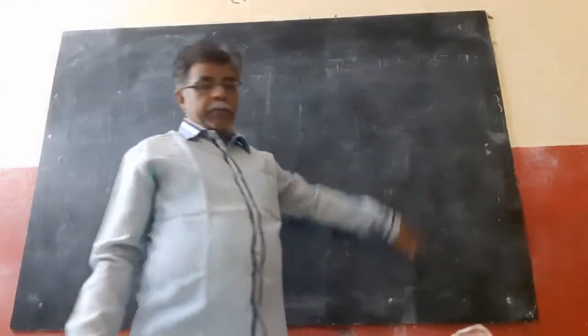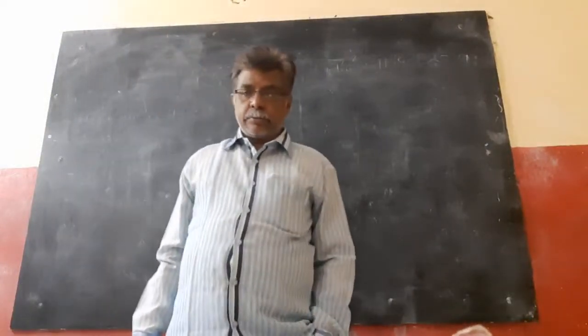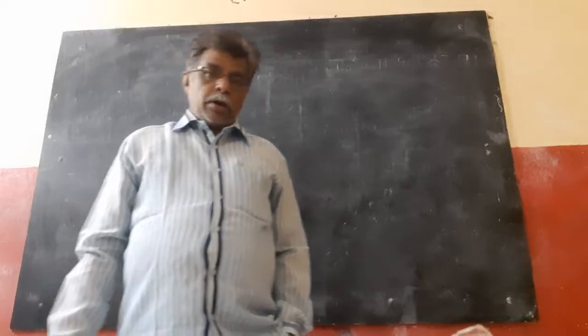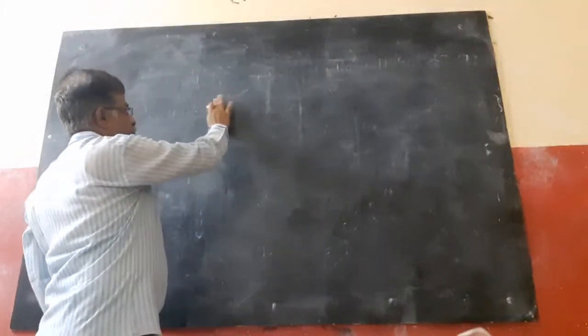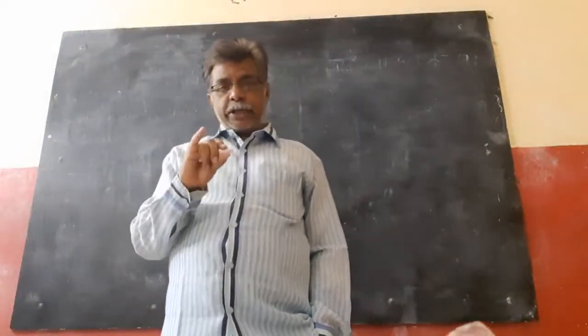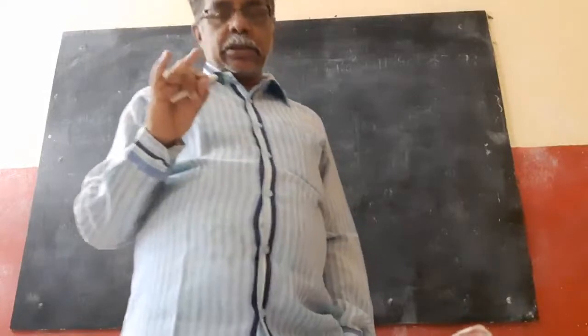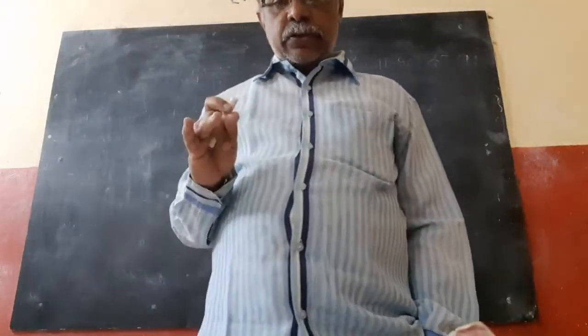We are discussing properties of multiplication. Next, the multiplication properties. Multiplication is commutative, we discussed. Multiplication need not be commutative, we discussed. Multiplication is associative, we discussed.